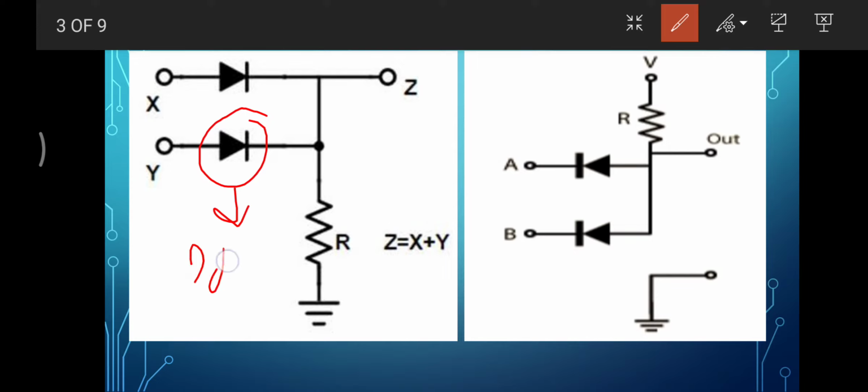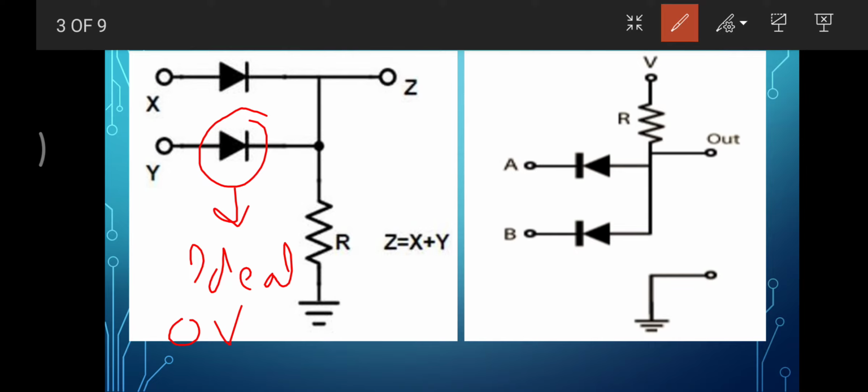This is ideal. An ideal diode means it has a potential drop of 0 volt. The real diode is considered to have a potential drop of 0.7 volt, but just for the sake of ease, what we will assume in this class is that the diode is ideal and its voltage drop is 0 volt, so that it's easier for you to understand.